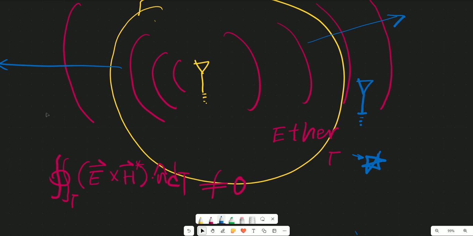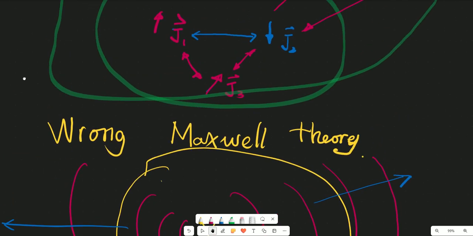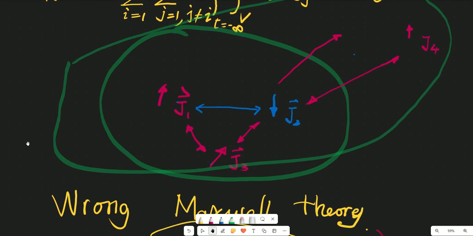That means Maxwell theory always has energy go outside. That makes the energy conservation law fail.